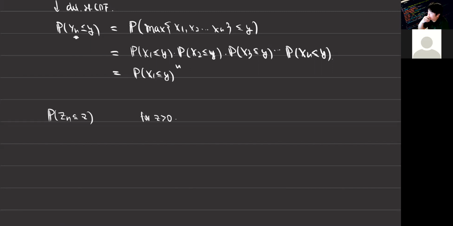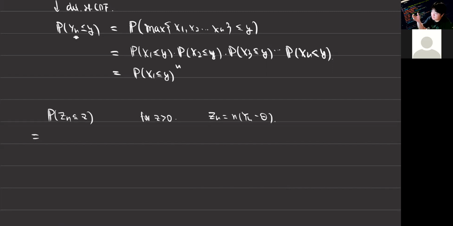So that's going to be the starting point, and then you need to ask yourself, how can I rewrite this into something else that I already have the answer for? The problem tells us Zn is n times (Yn minus theta).